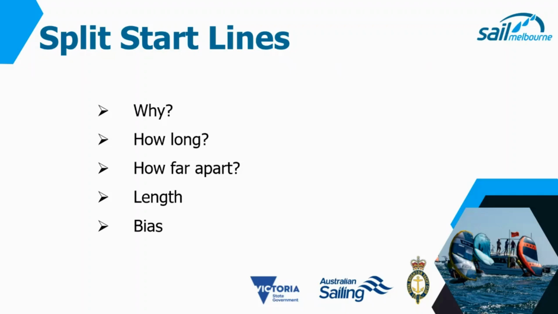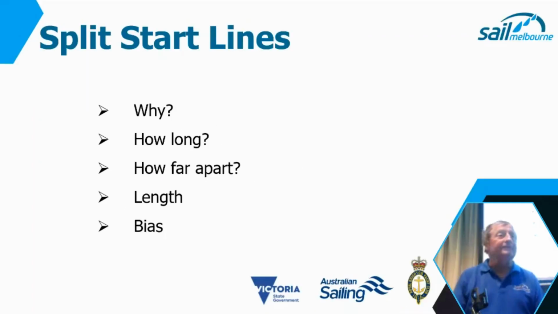But you are looking at a start line probably of at least 400 metres, about 0.22 of a nautical mile, and you probably need to make sure that the lines are around 400 metres apart, so you can get decent separation between the fleets. And that just gives you a little bit of safety margin.